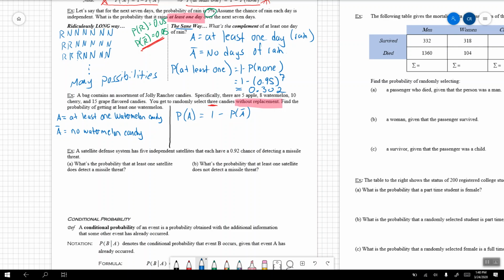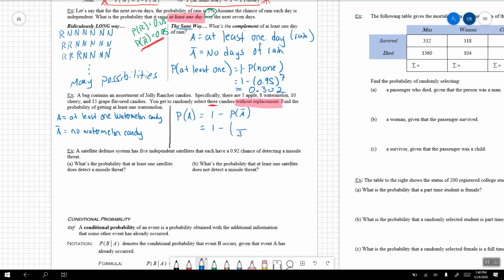All right. Now, we can go through and we can say, hey, the dependency of this, can we use the rule for cumbersome calculations? Yes, we can. So, let's see. Probability of not selecting a watermelon candy. So, initially, how many candies do we have? Well, we have 5, 8, that makes 13, plus 10, that makes 23, plus 15, that should make 38.